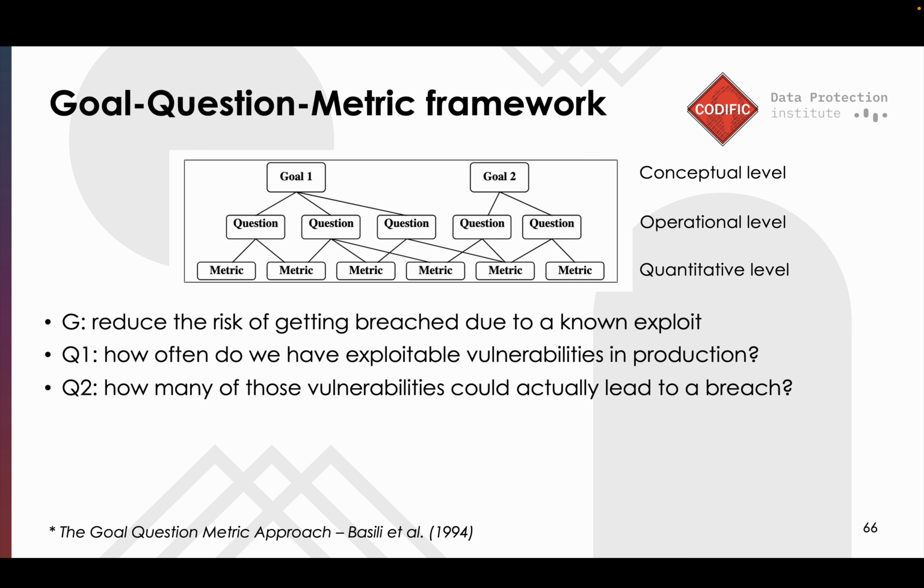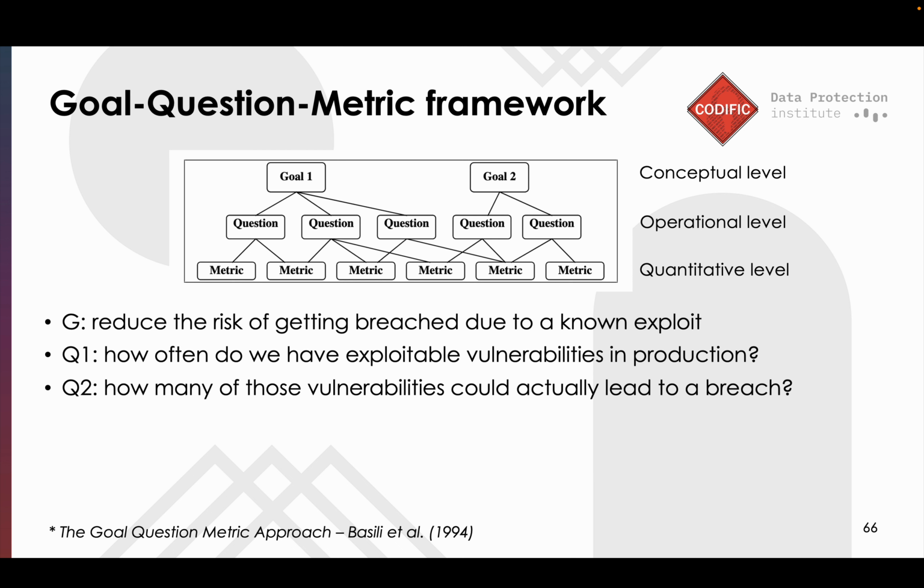The fact that you have an exploitable vulnerability in production doesn't necessarily mean it leads to a breach. As I've given in the previous example with the admin users, if you have an exploitable vulnerability in the administrative section of your system, even if the admin user exploits that, he or she already has access to all the data in the system, which means that administrative user is not going to use that vulnerability, hence that vulnerability is not leading to a breach.